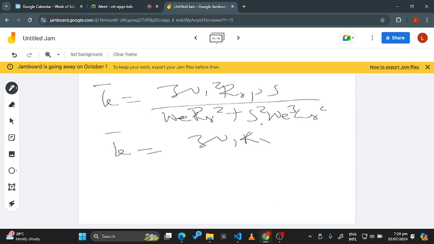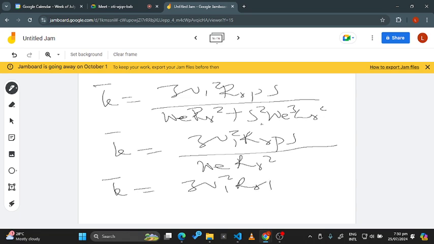Then we can approximate T to be equal to 3v1 squared RR P S, all divided by omega E RR squared. If this happens, we can multiply the denominator by omega E, and the numerator by omega E. That gives T equal to 3v1 squared RR times P times S omega E divided by omega E squared RR squared.